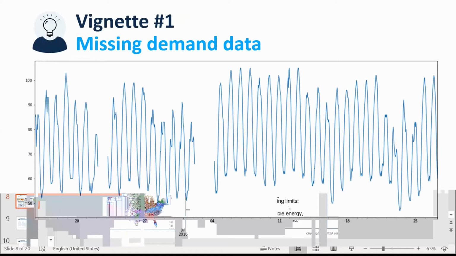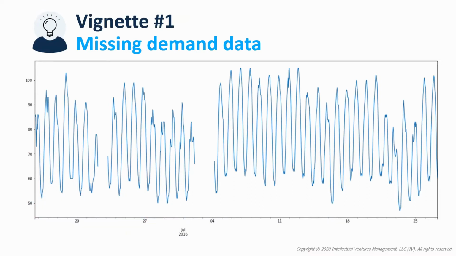And one of them is imputing missing data. We get data from a variety of sources, including the Energy Information Administration, or EIA, and in some cases, this data is incomplete or has missing sections, or it has sections that are clearly erroneous.